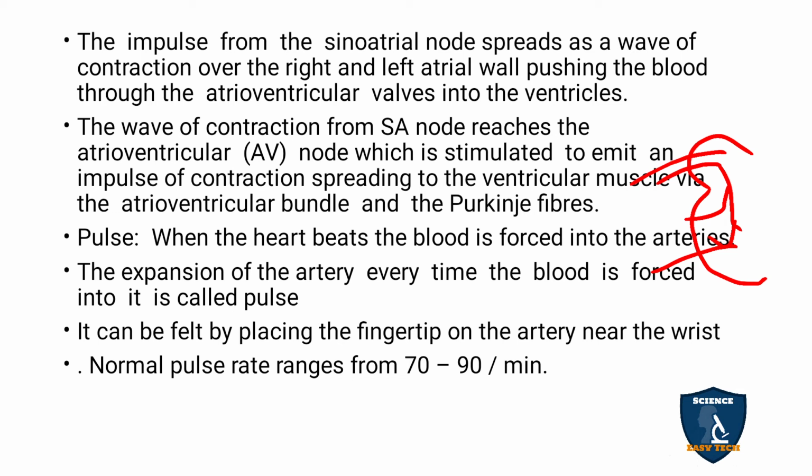Next, pulse. You have seen the pulse in your hand. There are many pulses in the body. When the blood is forced into the arteries by the heartbeat, that time you get the pulse. The expansion of an artery every time the blood is forced into it is called pulse.